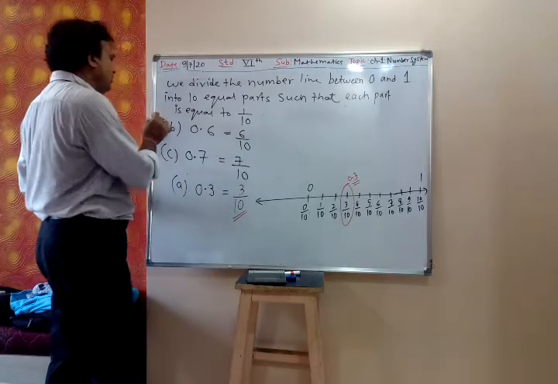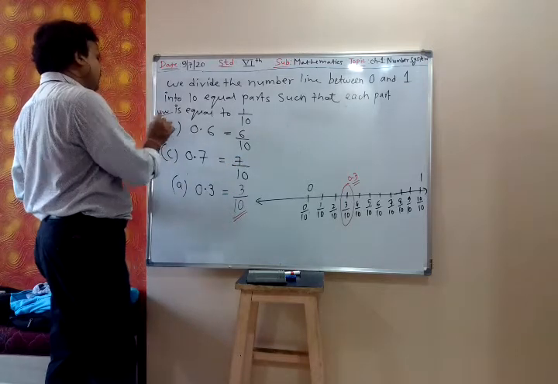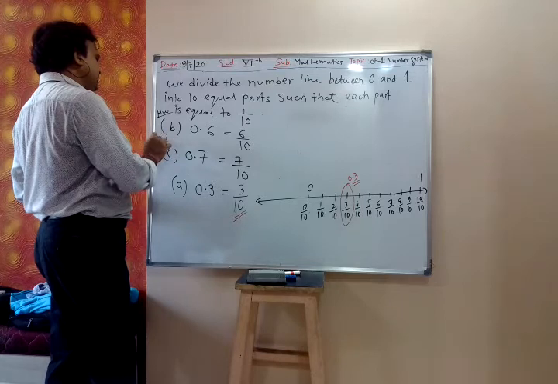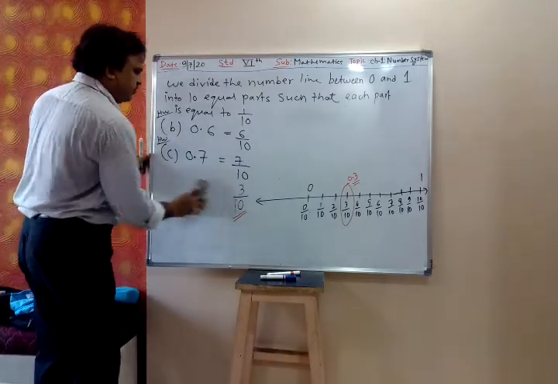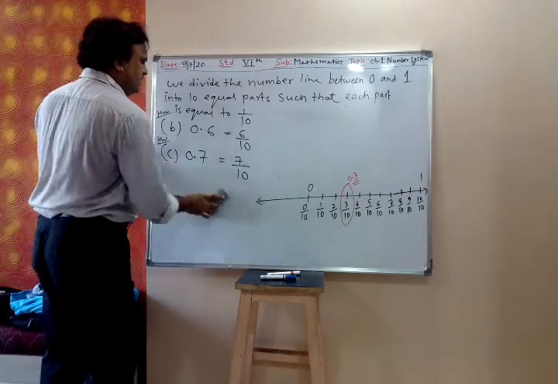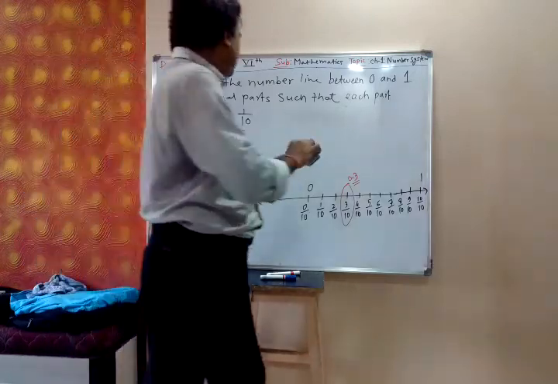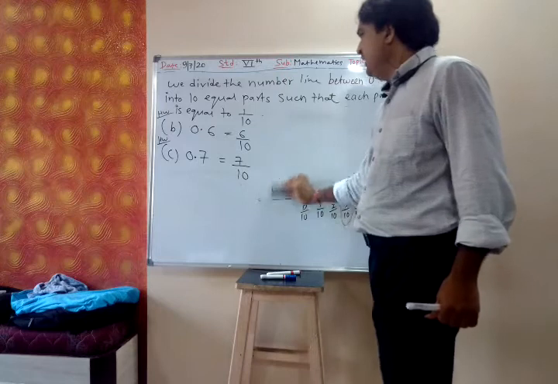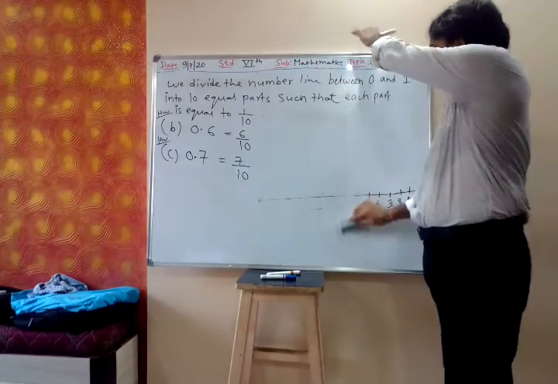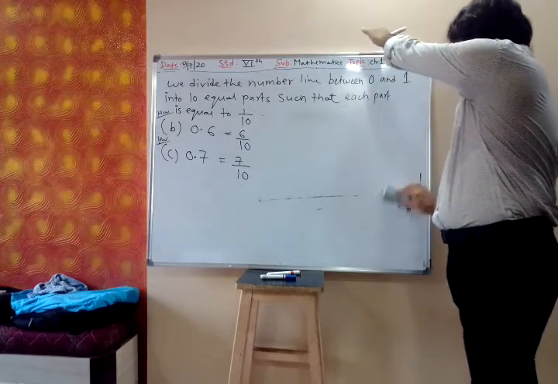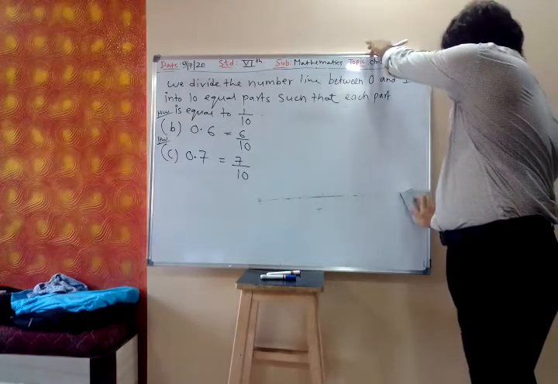B and C are both homework. Mute the microphone. 0.6 I can write as 6 upon 10. 0.7 I can write as 7 upon 10.